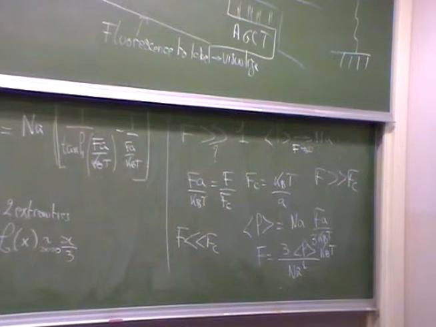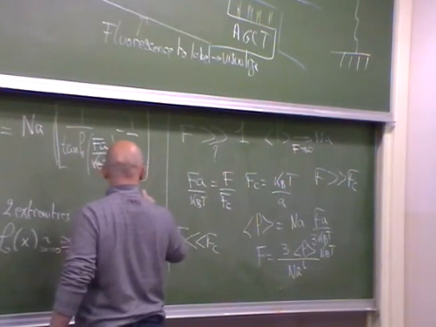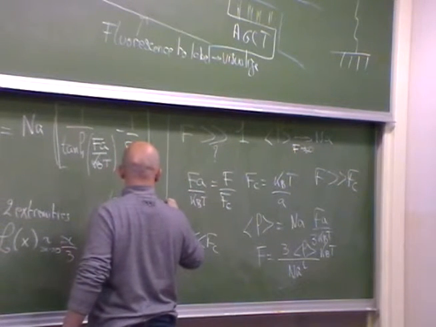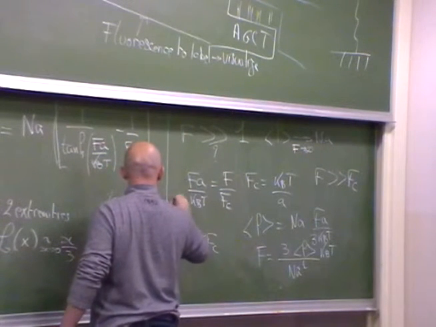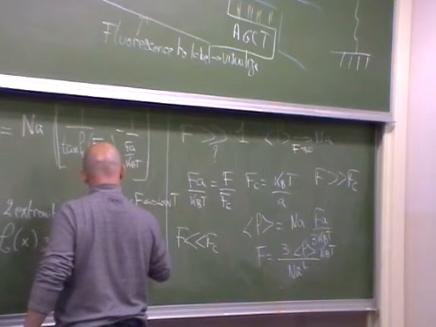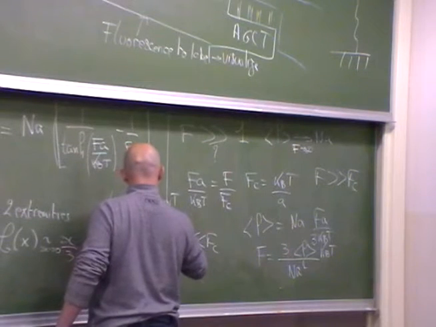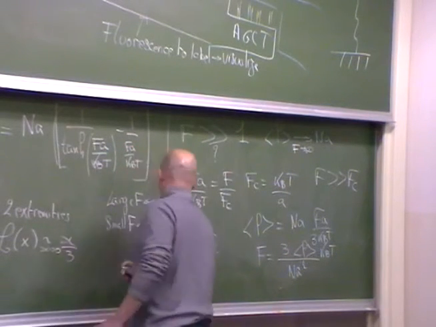So here I've taken an approach where I'm changing the force, but you may also have the same discussion with temperature. Large F is equivalent to low temperature, or small F is equivalent to high temperature.